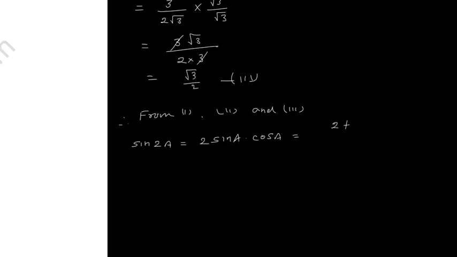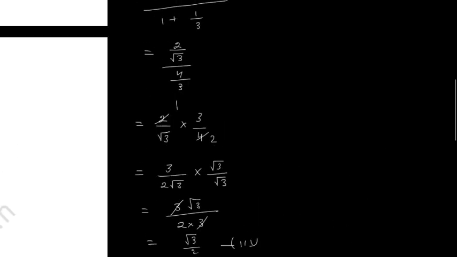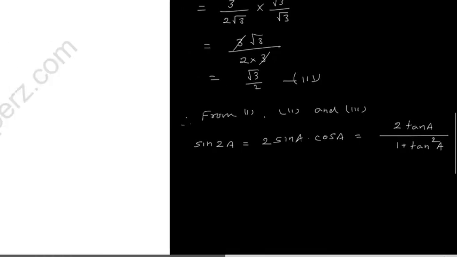So therefore I can say that from 1, 2 and 3, sin 2a is equal to 2 sin a into cos a is equal to 2 tan a upon 1 plus tan square a. Simple? Yes. Okay.